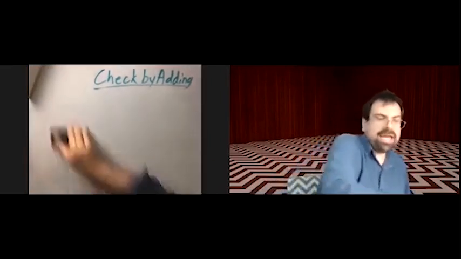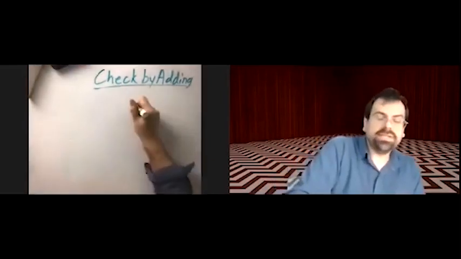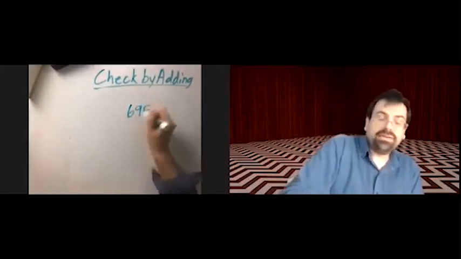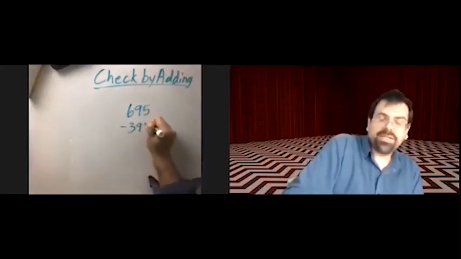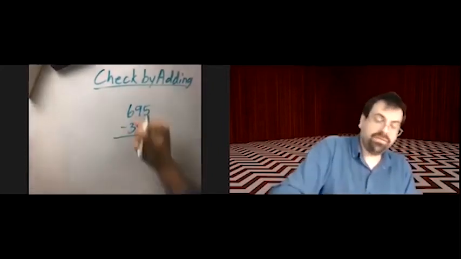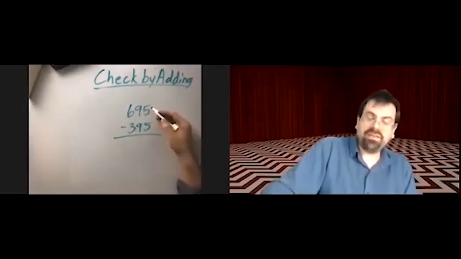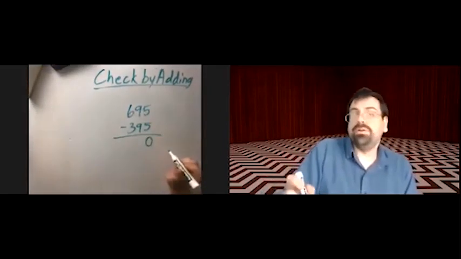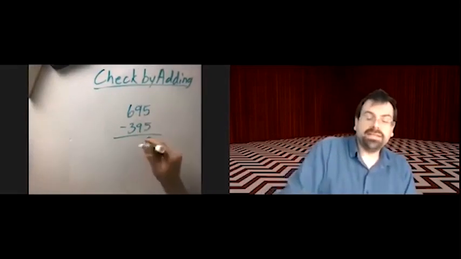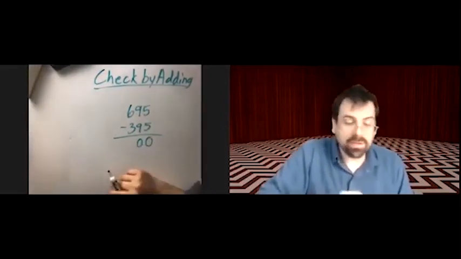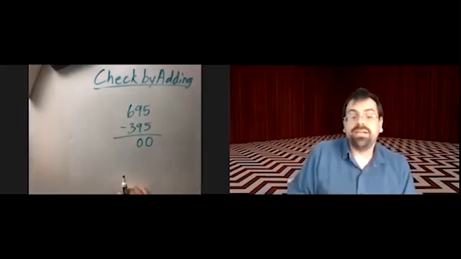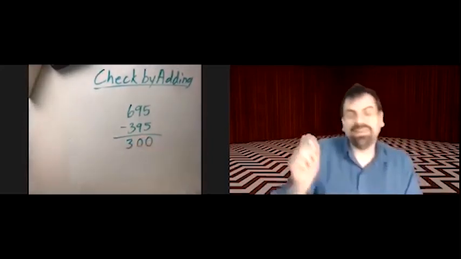So let's check by adding on this next one as well. 695 minus 395. 5 minus 5 is 0. 9 minus 9 is 0. 6 minus 3 is 3.